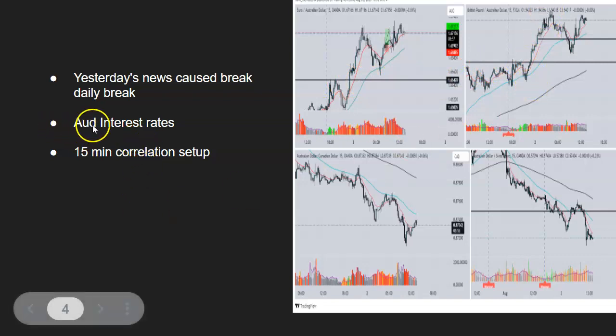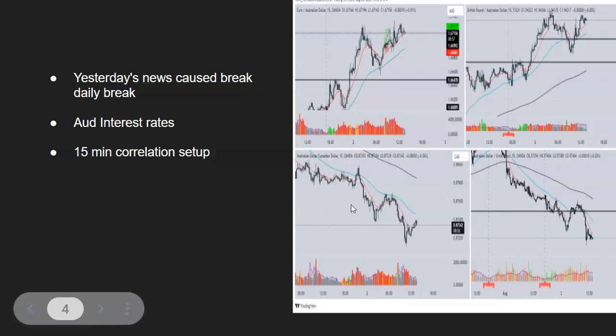This news was aussie interest rates, and as you can see, we have euro aussie here, pound aussie here. Aussie is on the right for these two, and down here we have aussie Canadian dollar and aussie Swiss franc. Keep in mind that in order to get rid of aussie, these two must be going up and these two must be going down, because aussie is on the left for these two.